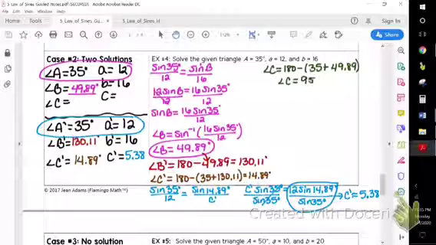And I got 95.11 degrees. And then let's go find side C, just like what we've been doing.